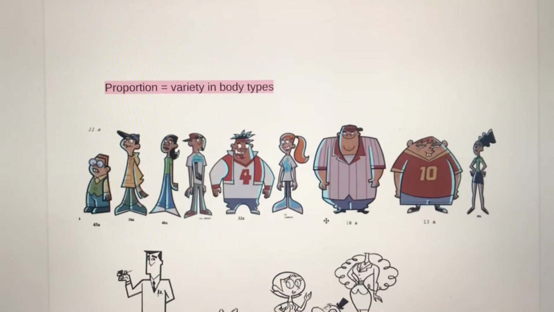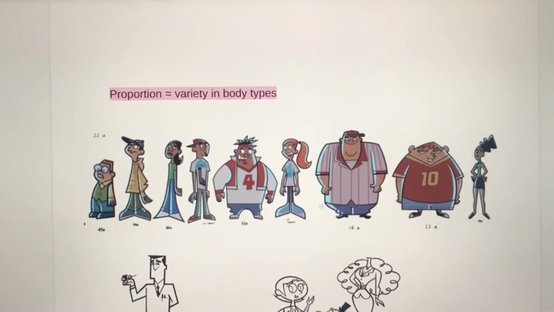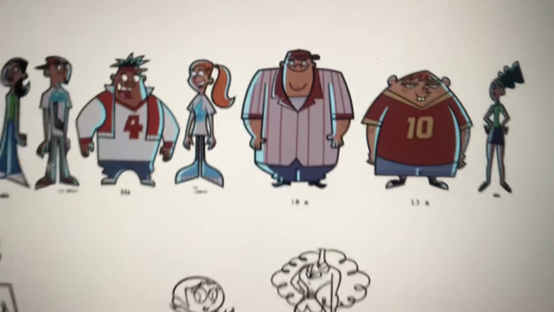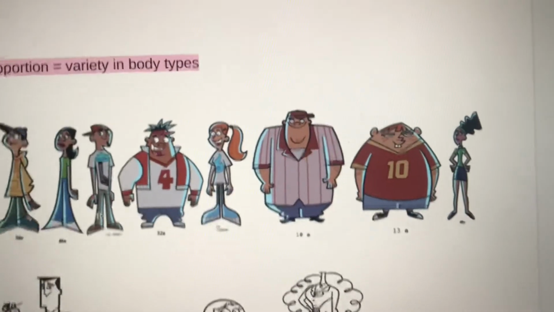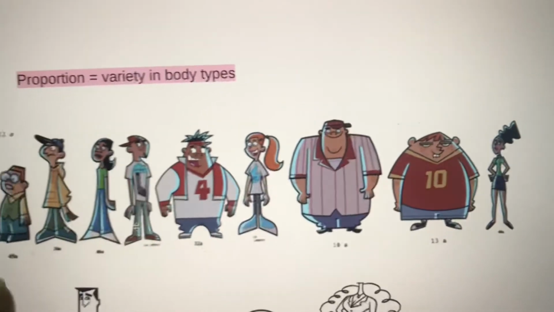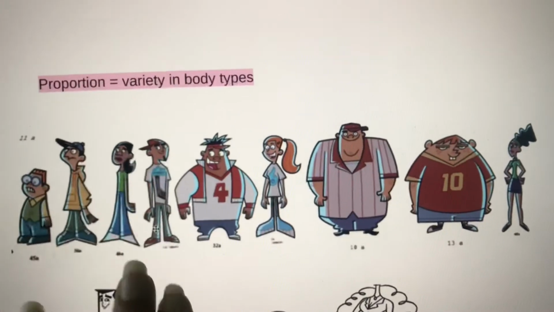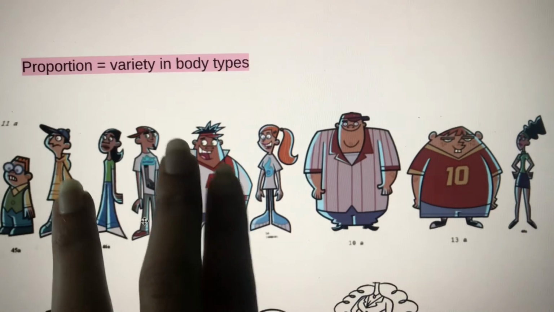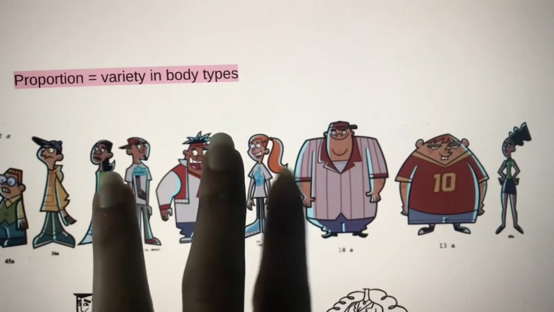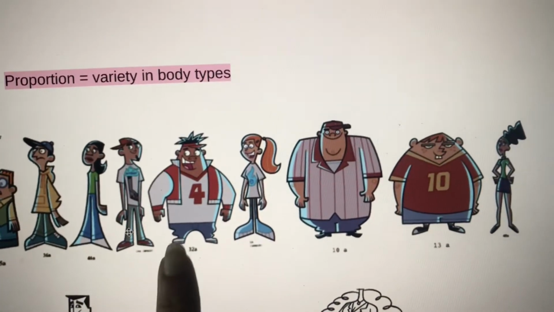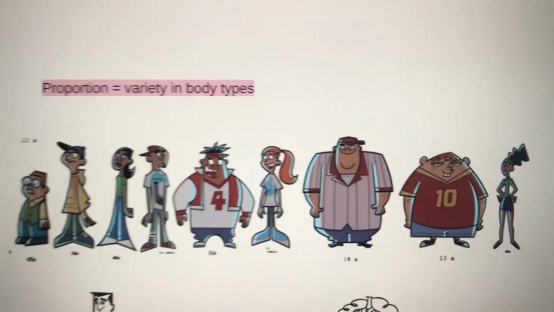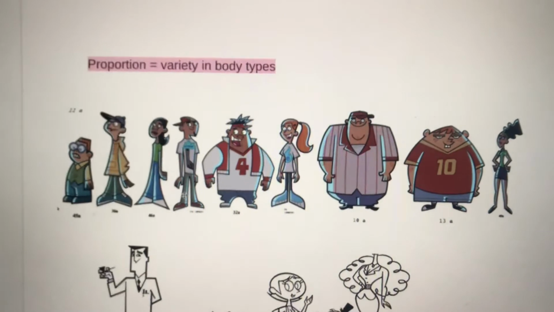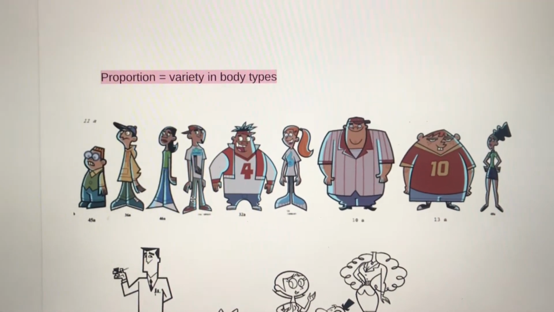As you can see here, these are Danny Phantom characters, and some of them have very wide bodies, some are slim, some have a very big face, some have smaller faces, some have tiny feet, some have big feet. There's a lot of variety.